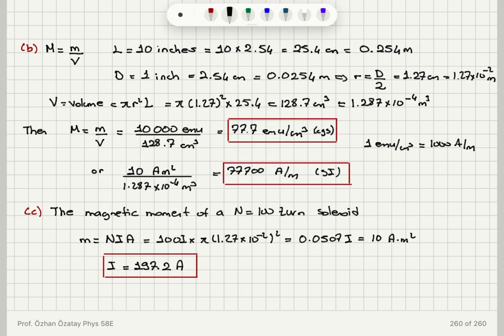Then I have magnetic moment NIA, and because I want to keep the current in amps, my choice is to work in SI units. It's difficult to work with current in CGS units, so instead of using abamps, for example, I use the SI units, and I find that the current I need would be huge, 197.2 amps.